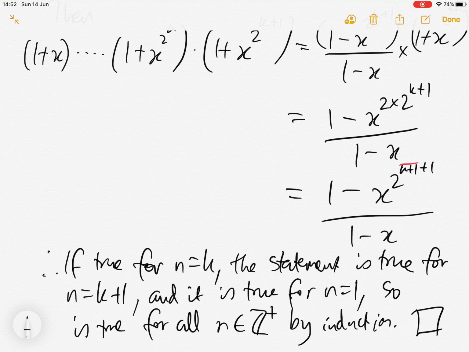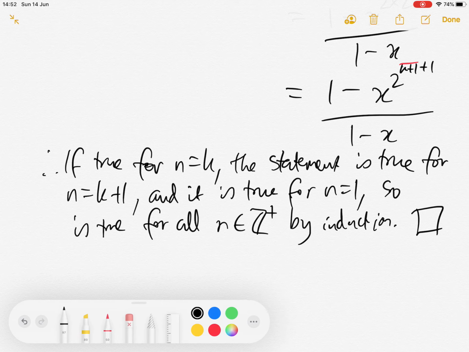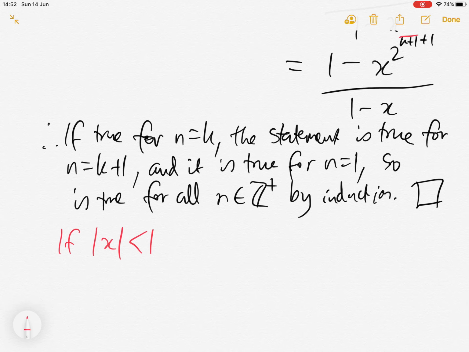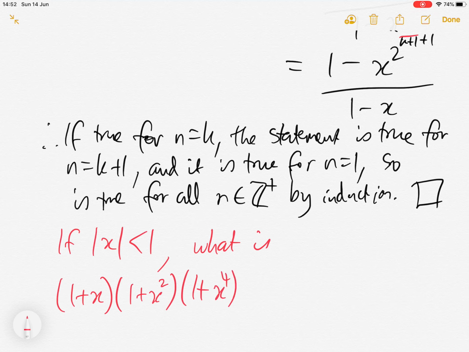So that last example is a slightly different, more algebraic example, and just something to think about, which is not about induction, is if the modulus of x is less than 1, my question is, what is the limit? What is the infinite product 1 plus x squared, 1 plus x to the 4, 1 plus x to the 8, and so on, if you keep going forever?